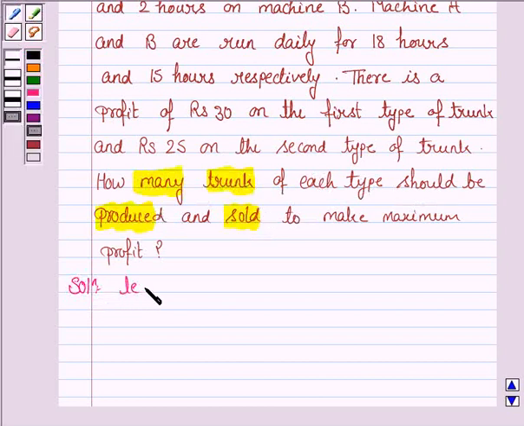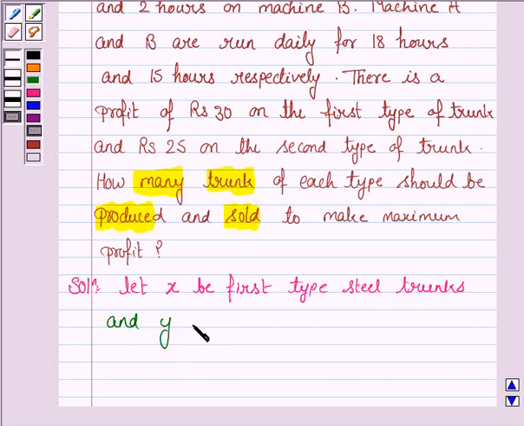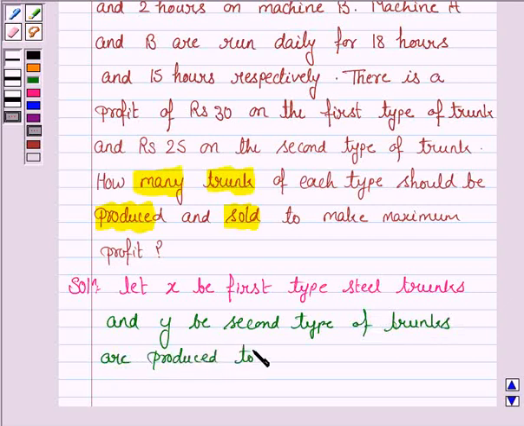So let x be the first type of steel trunks and y be the second type of trunks produced to make maximum profit.